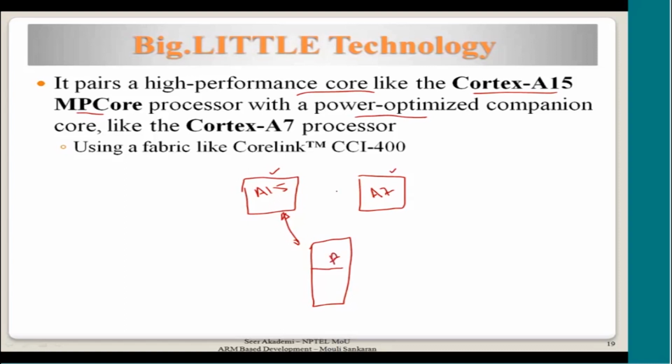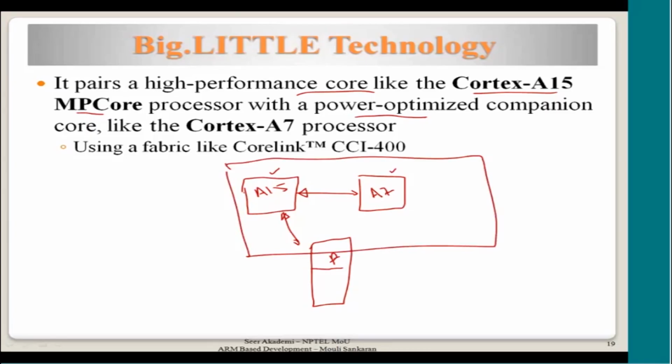So it could even move into this and then move it back into this based on what processing is involved. So you may wonder why there is a need for two processors. So this is big.LITTLE. Okay, the big little means this is a big processor, that means very powerful in terms of performance and of course in terms of consuming power too.